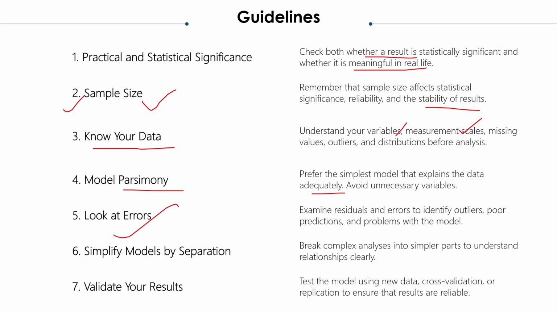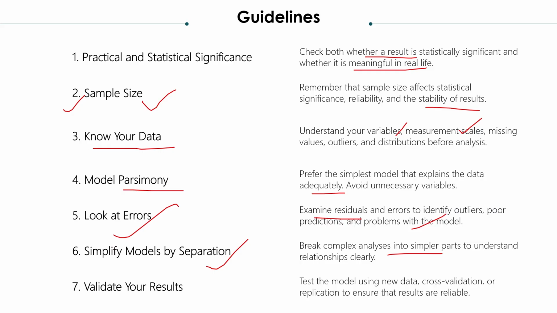Errors are of main significance to validate your analysis. So we have to carefully examine residuals and errors to identify outliers, poor predictions and problems with the model. The sixth one is simplify models by separation, breaking complex analysis into simpler parts to understand relationships clearly.